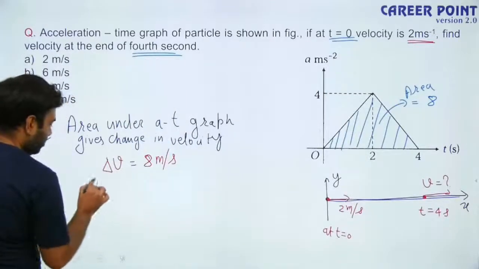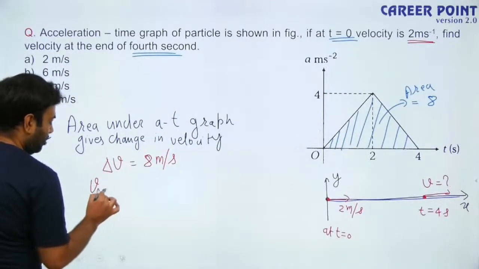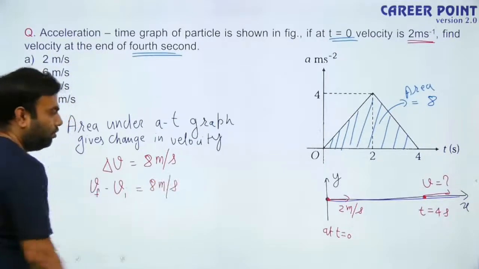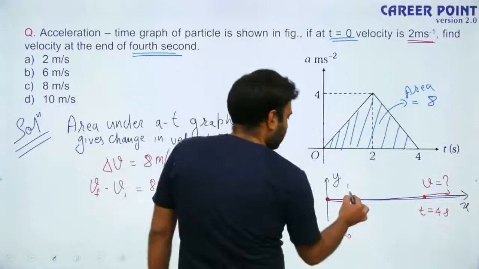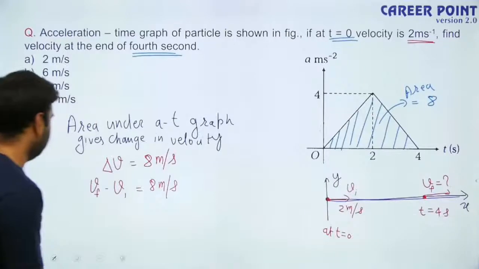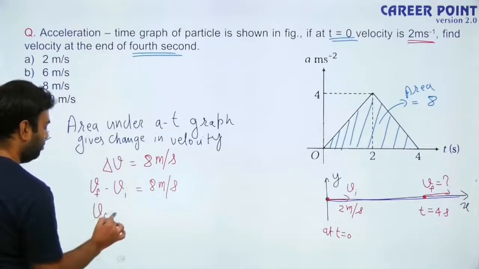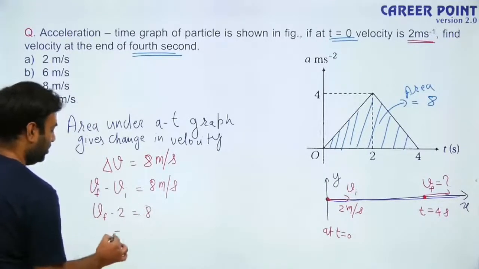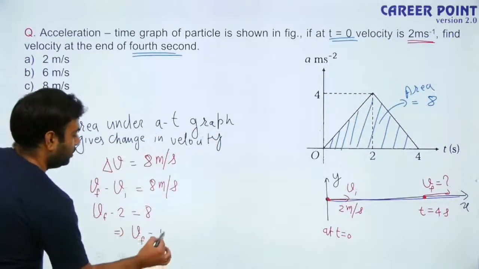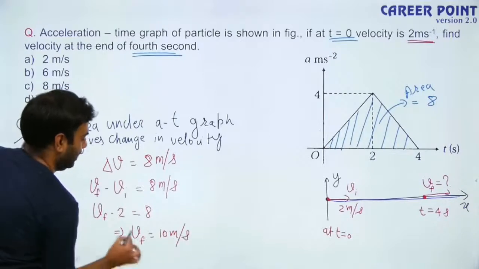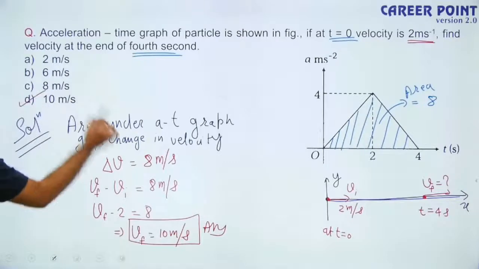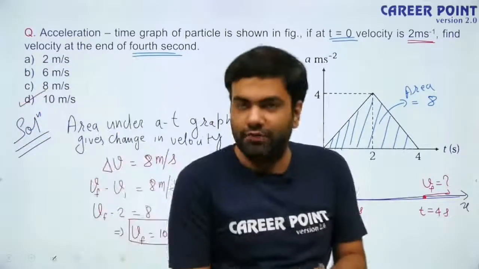It is final velocity minus initial velocity, which is 8 meters per second. Initial velocity is 2 meters per second, and final velocity is what it is asking. So Vf minus 2 equals 8. That means final velocity at t equals 4 seconds is equal to 10 meters per second. This is the answer. Answer is option D. Is it clear to all of you?